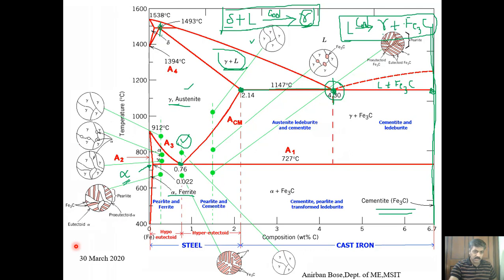So what kind of transformation is taking place? Here one solid phase, austenite, upon cooling transforms into what? Alpha and cementite. Alpha plus cementite, Fe3C.